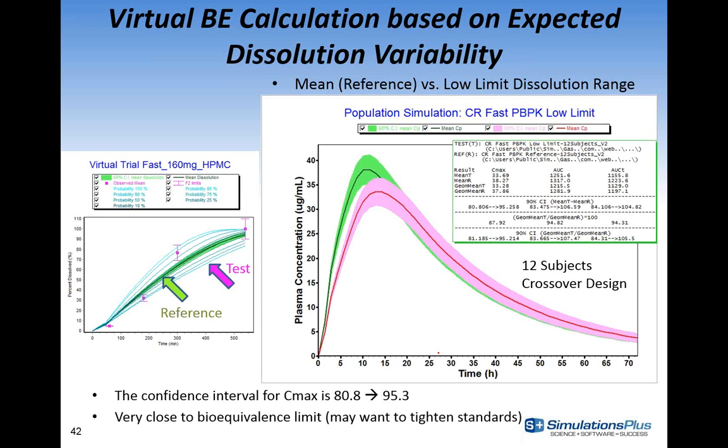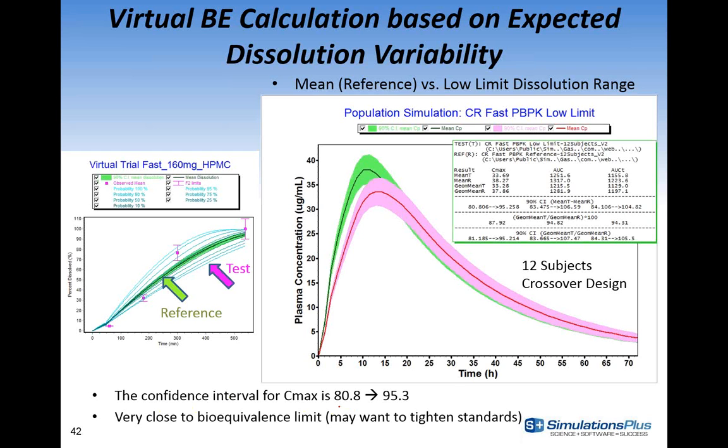I read those in vitro profiles, converted them to in vivo dissolution rates, and ran the GastroPlus simulation in the population simulator and obtained the results on the right that show that the test and reference in this case are bioequivalent. You can see that the Cmax has dropped, and the Tmax is actually quite different in these formulations, but the AUC is fairly equivalent.